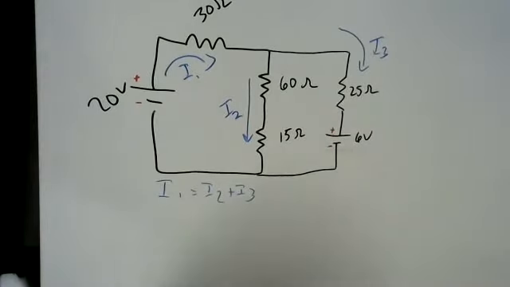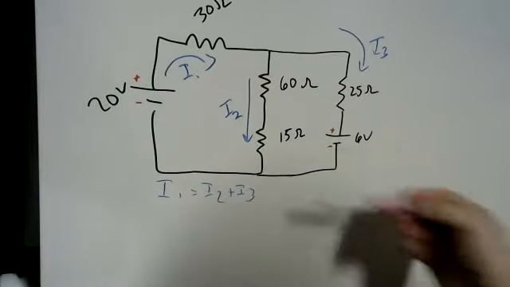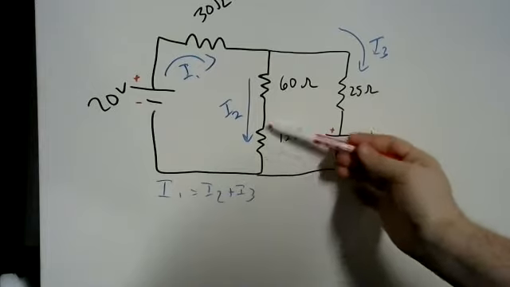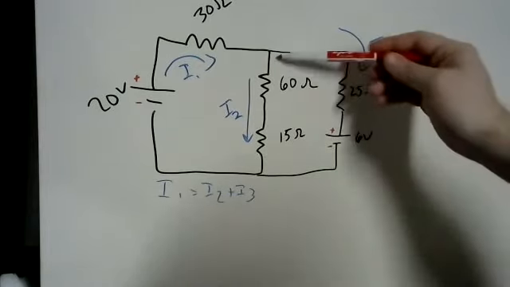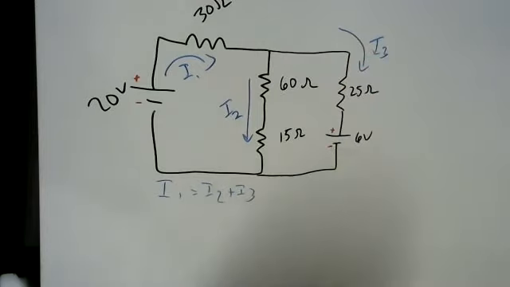That's where we end up when we ask what the voltage is across each resistor. We're comparing this point and that point to get the number on the 15 ohm resistor, or this point and that point to get the number on the 60 ohm. You may get numbers that are slightly different, and that's okay. You may get negative numbers, and that means the current probably flows the other direction.